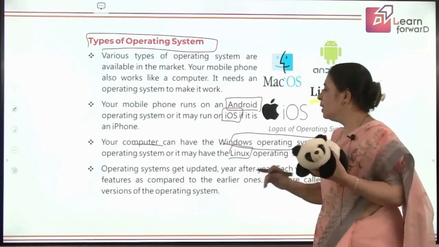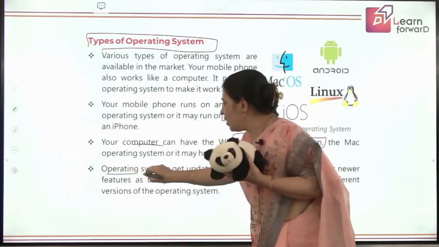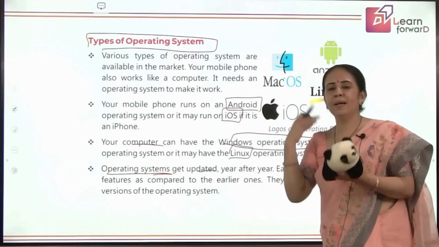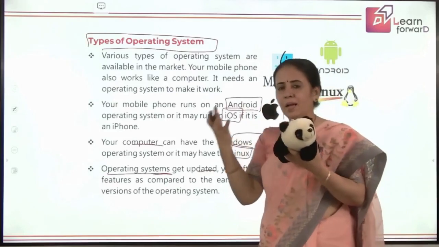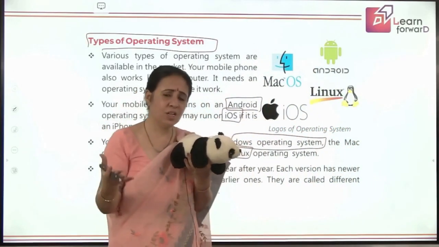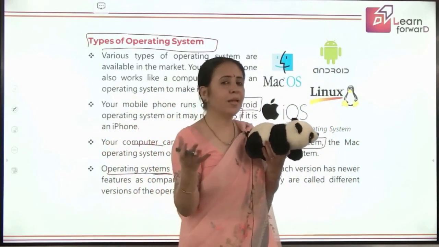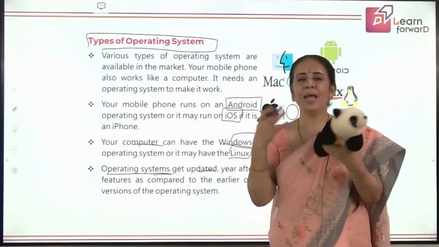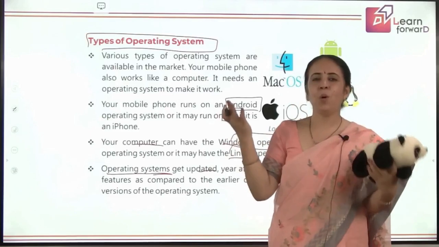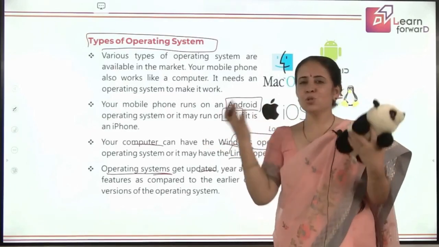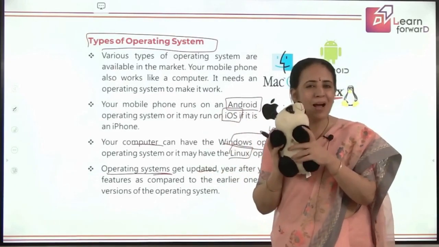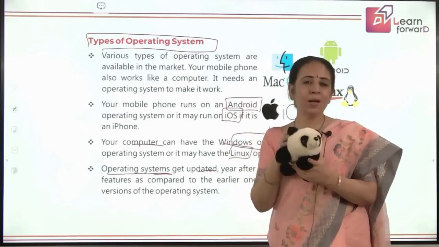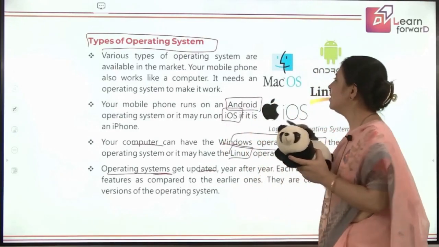Okay, so always remember that operating systems get updated with time, and there are certain software engineers who keep on bringing new versions of them so that they could help you make your work so easy, so prompt, and you have easy learning to handle your computer system, right?